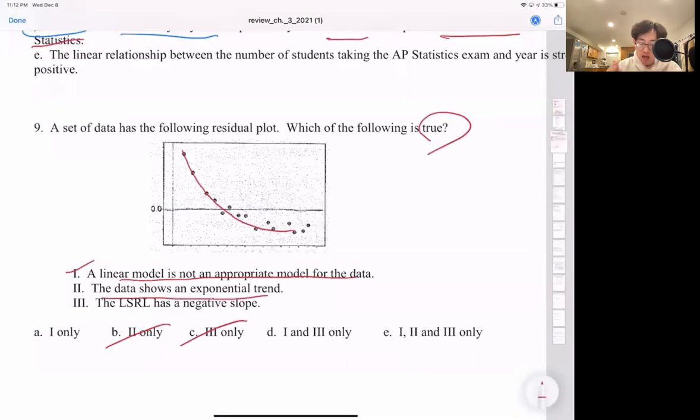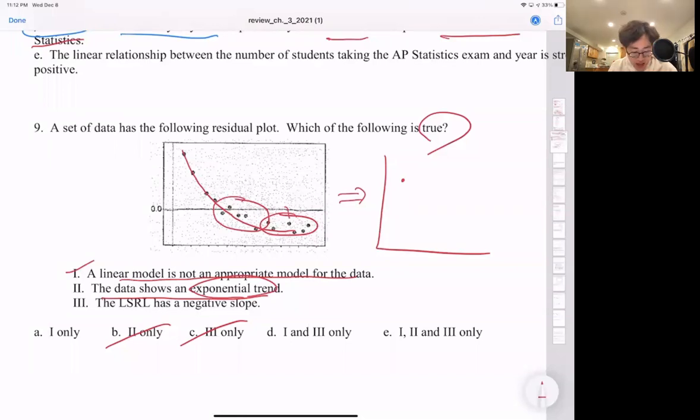The data shows an exponential trend. The reason this is not going to be true is that if I were to translate this into some sort of scatter plot, let's say, where in the beginning I have a very high residual, but in the middle I have very small residuals, and then it slows down and comes to some sort of a stop, right?